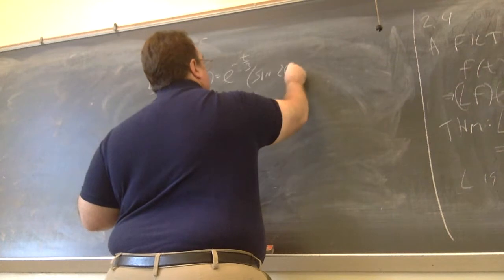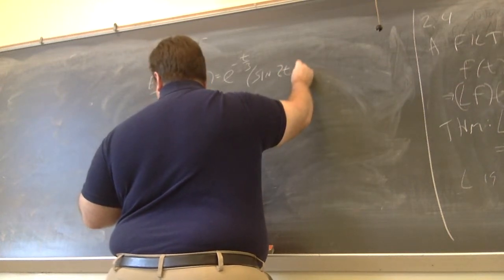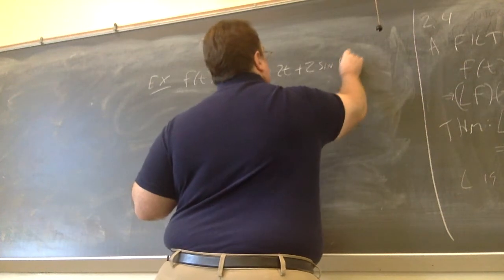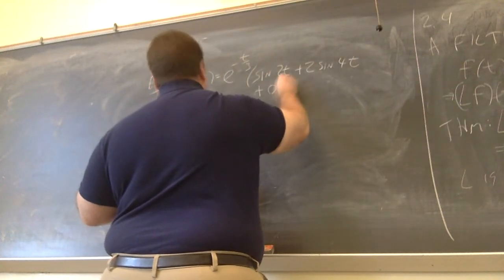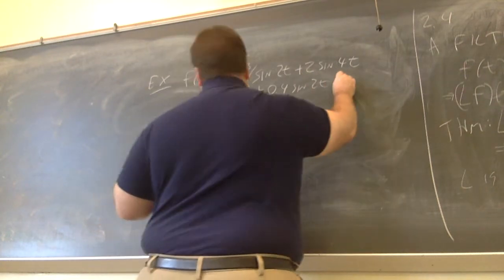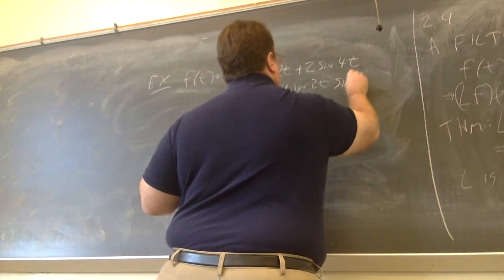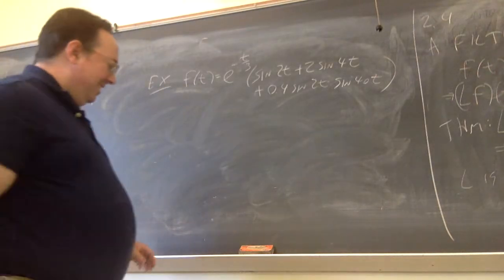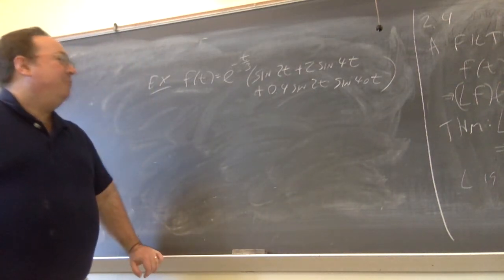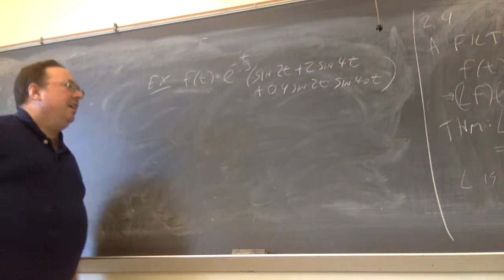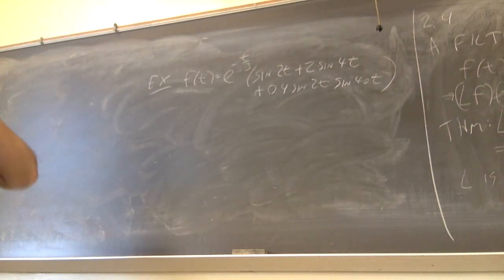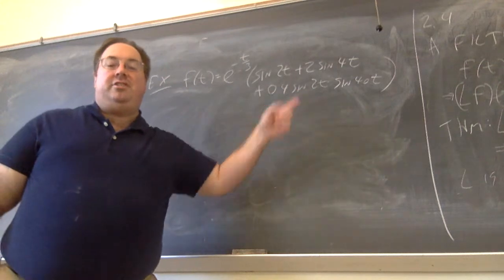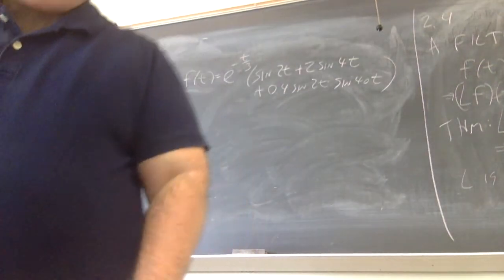So an exponential and a linear combination of sines and cosines. Actually, this product of sines can be rewritten as a sum of cosines, but I won't bother with that. Cosines just look so nice. But this is the important part here, with sine 40t. And with a relatively small coefficient, that's going to introduce some high-frequency oscillations that are relatively small.